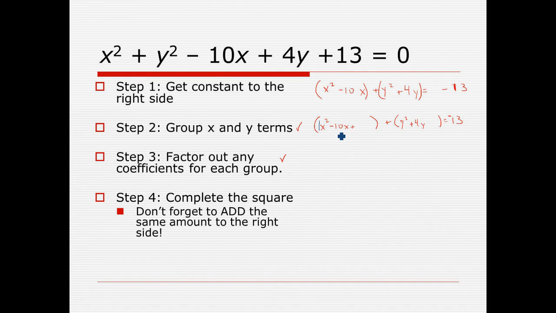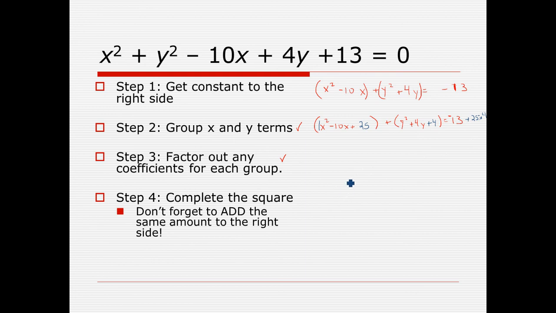Negative 10 divided by 2 is negative 5. Negative 5 squared is 25. Add to the right side as well. Positive 4 divided by 2 is positive 2, and 2 squared is 4. Add to the right side.